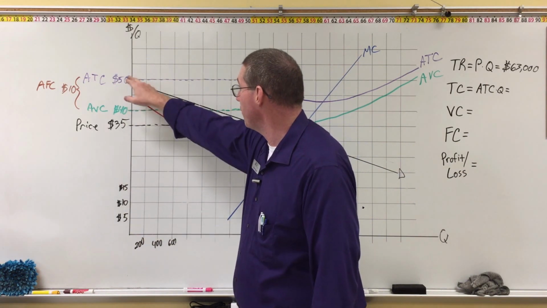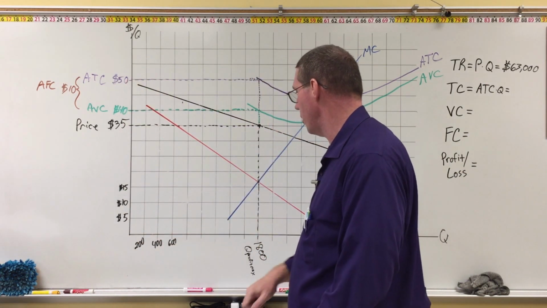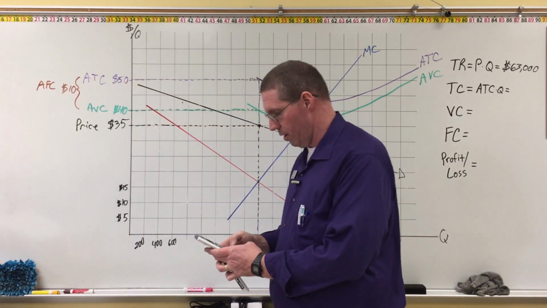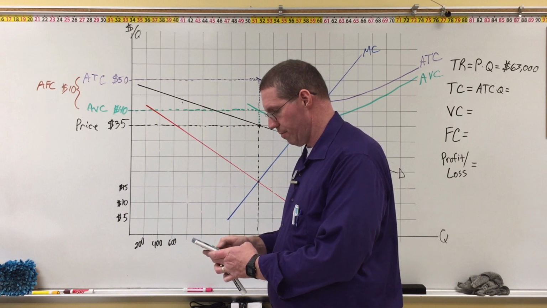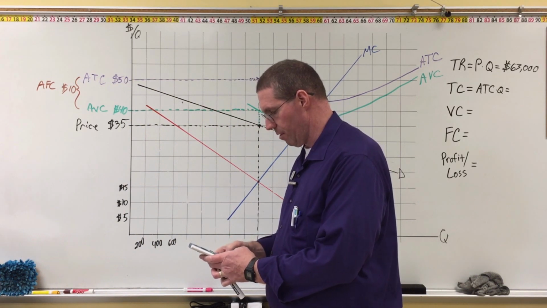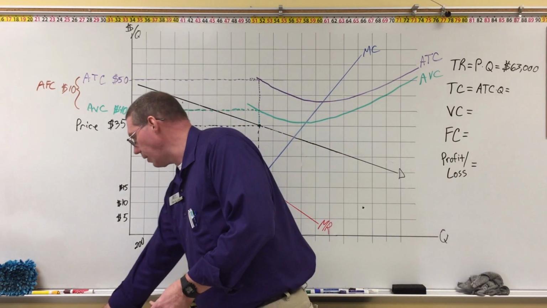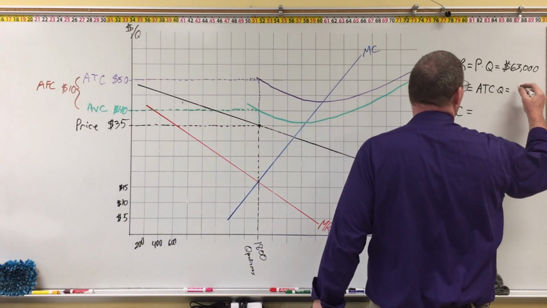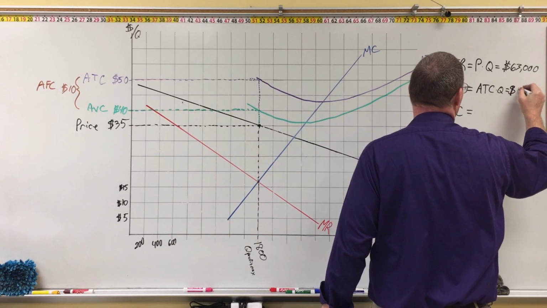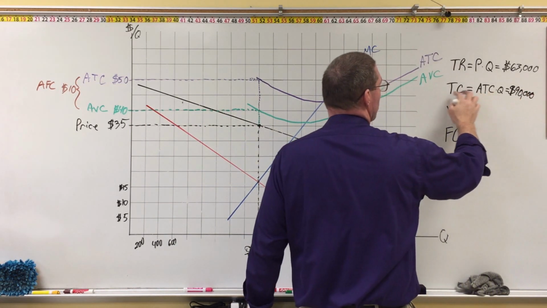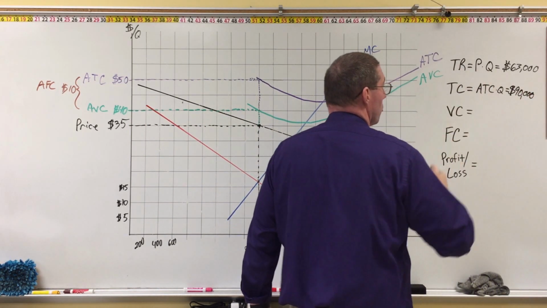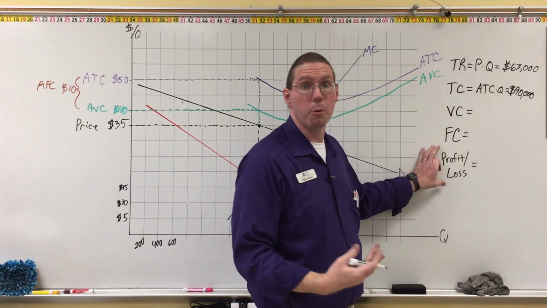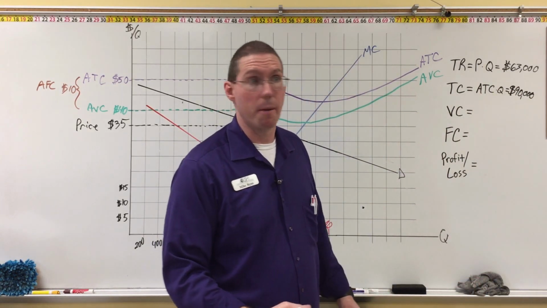And so we're going to do $50 times 1,800, that's going to be $90,000. And look, this does not look like a good situation for this company. They're in another situation where their total cost is larger than their total revenue. And so down here we're going to have a loss because we're going to have a negative number, okay?